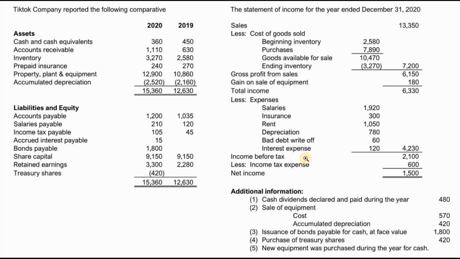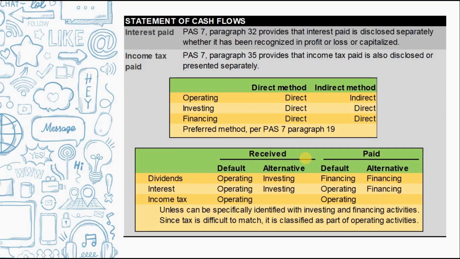However, for interest expense, we have two possible ways to present it in the statement of cash flows. So here, interest paid, PAS 7, paragraph 32, provides that interest paid is disclosed separately whether it has been recognized in profit or loss or capitalized.